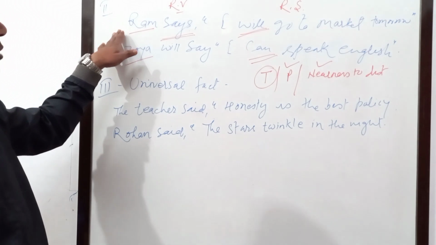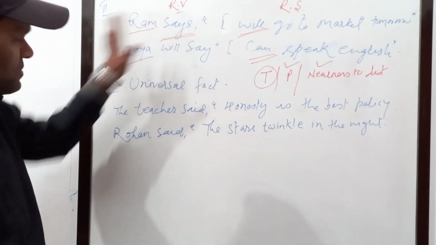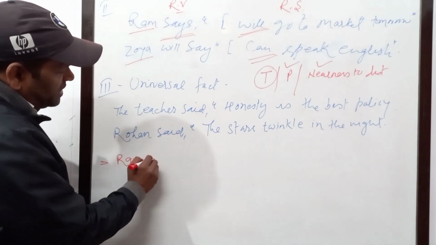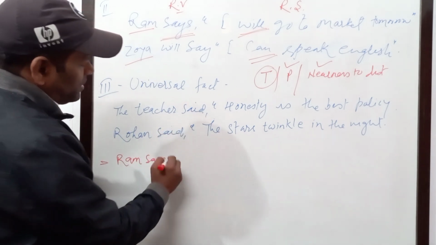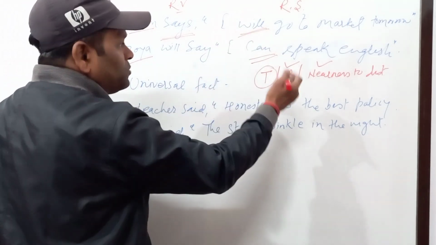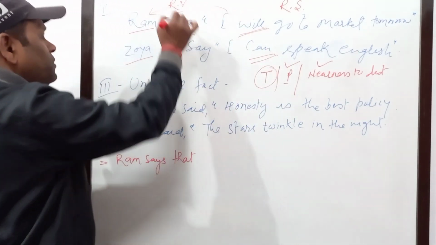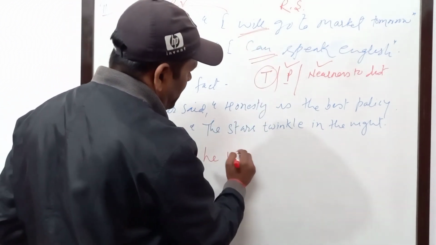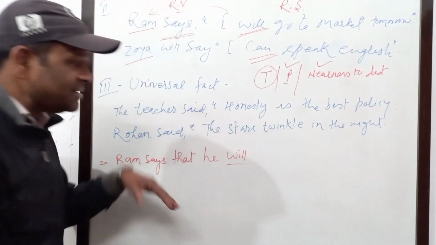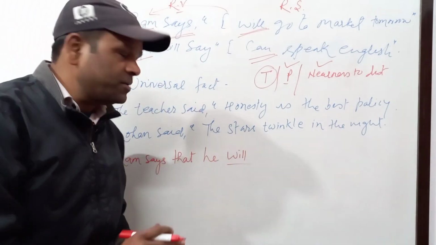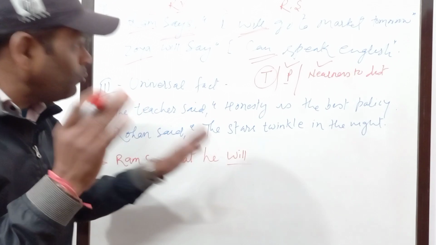So now you see how the sentence will be written. Ram says, let me write the sentence here. Ram says, connective, that is that. Yes, of course, the pronoun will change. So the I is for Ram, so it will be that he will remain the same. In other cases, will could have changed into would, but no, here it is will. Why?